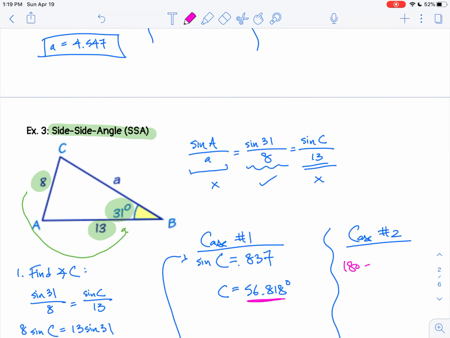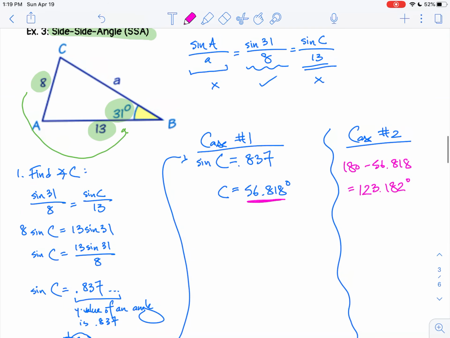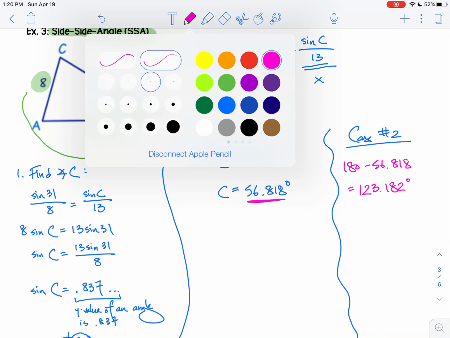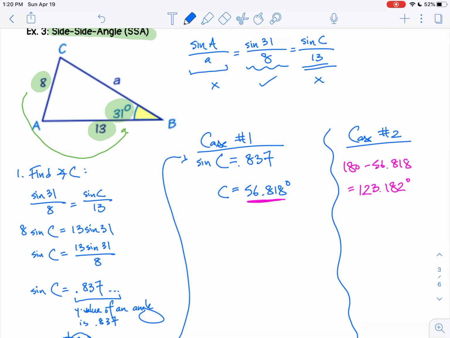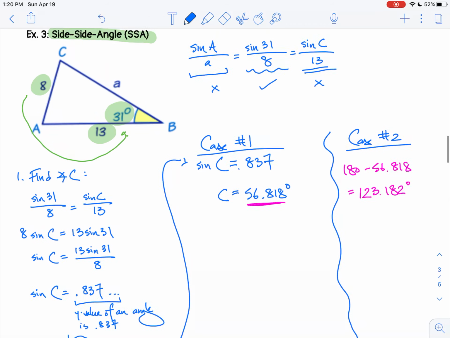So 180 minus 56.818 will give me another possibility for C, which is 123.182 degrees. Okay? So 2 possibilities.